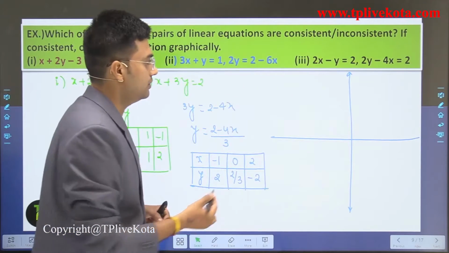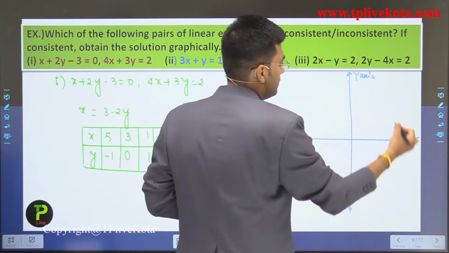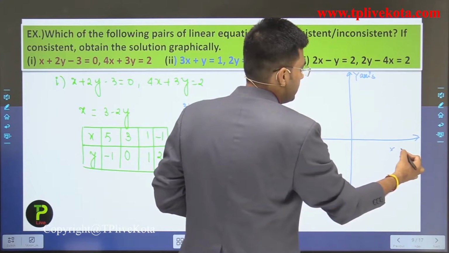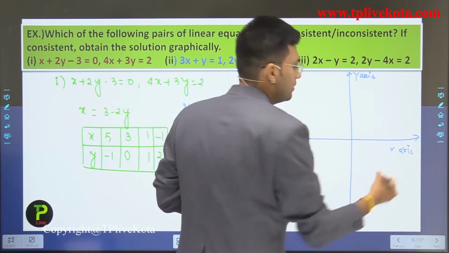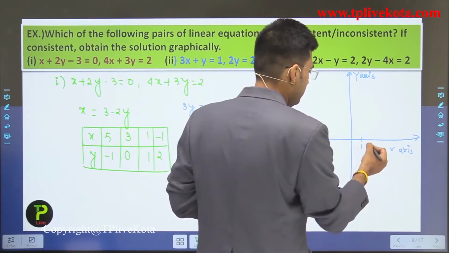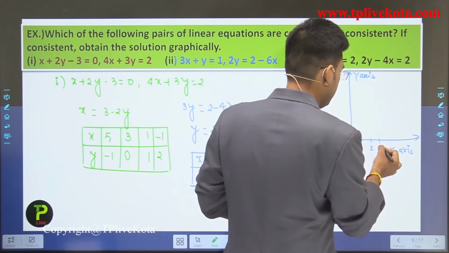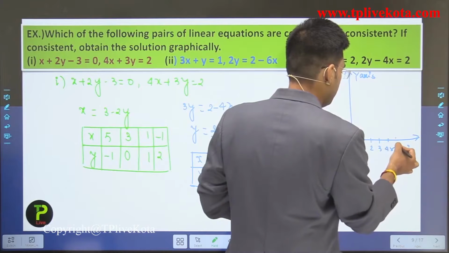Okay, this is the y-axis, this is the x-axis. Clear? Now, there 1, 2, 3, 4, this is 5.